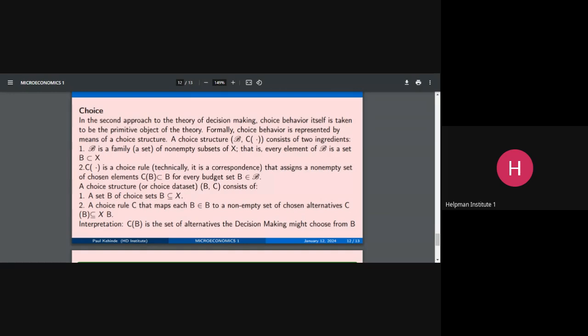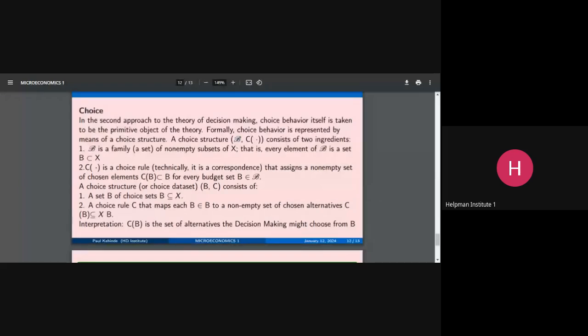This is set B, this is calligraphic B. All right, take note of that.